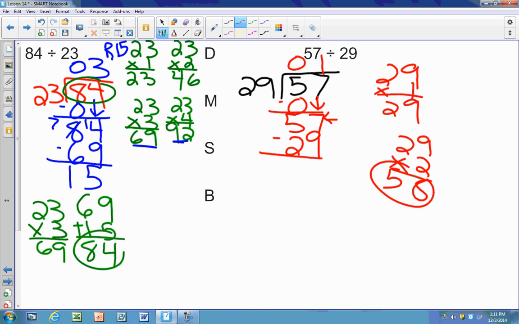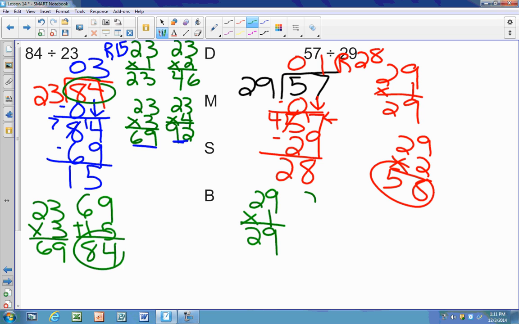Going to subtract, and I get 28, and it's 1 remainder 28, and then I should check. In order to check, I do 29 times 1, which is 29, and then I add 29 plus 28, and I get 57, and they match.